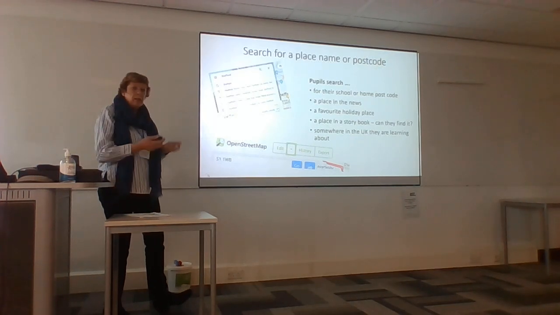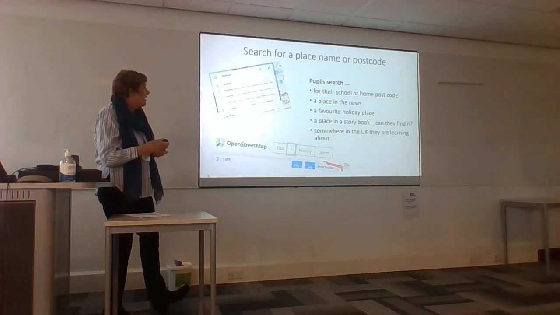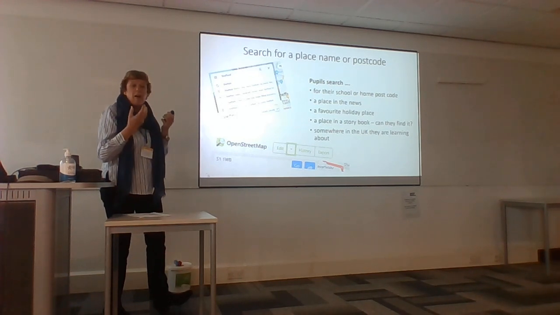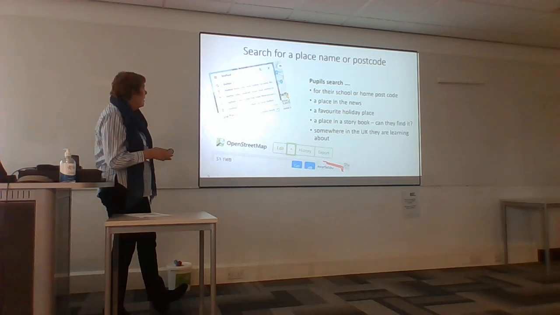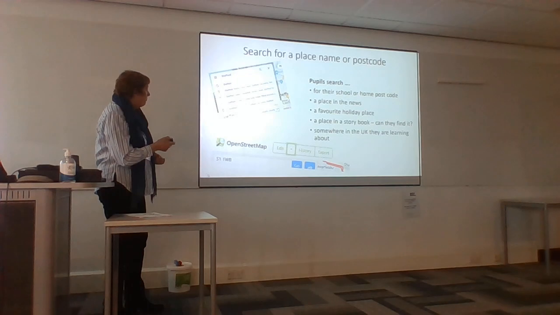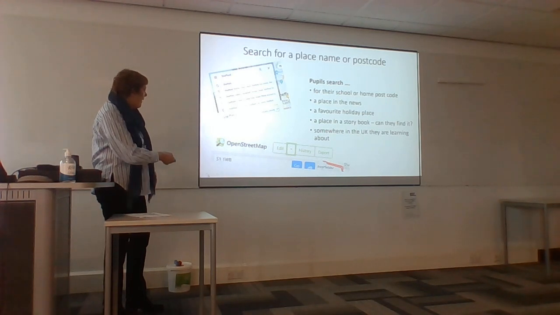So, get the children playing with whichever one you're going to choose, searching for their own school, searching for their home postcode. They all have a search facility. They'll be slightly different, usually with the old magnifying glass.